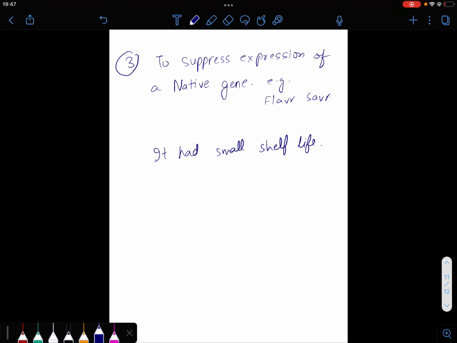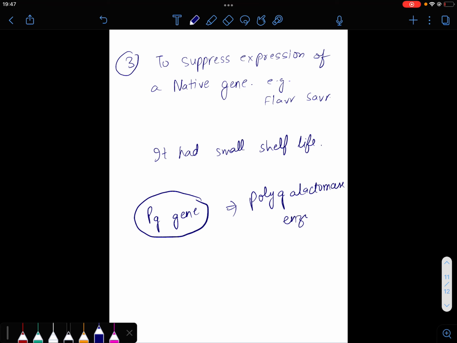So what the biotechnologists did was that there was this gene, PG gene, which was coding for polygalactomase enzyme. PG, that means P stands for poly and G stands for galactomase enzyme. And what this enzyme was doing in that tomato, that it was degrading the pectin.